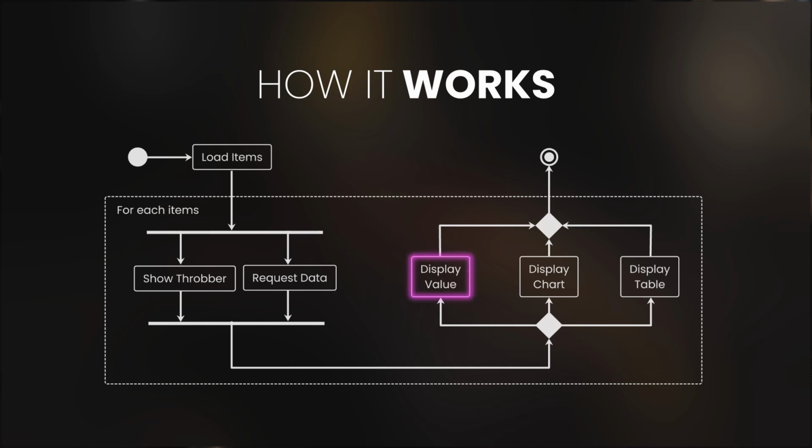For single value cards, we create a custom component with a simple template. Since they only need to display a single value, the template remains straightforward and easy to understand. When dealing with chart items, we again create a custom component, but this time utilizing Chart.js.